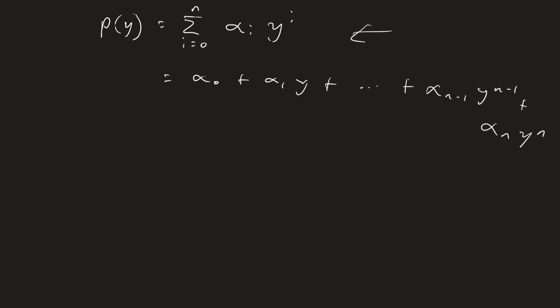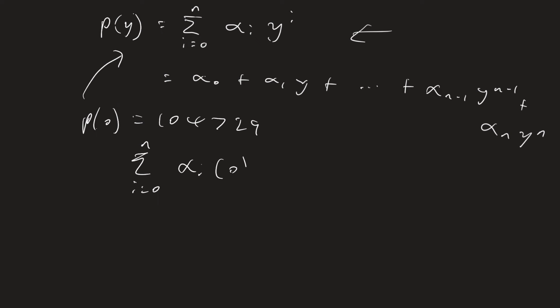We know that P of 0 equals 104,729. So when I substitute 0 into this, I get the sum of i equals 0 to n of alpha i times 0 to the power of i. And I know that 0 to the power of anything non-zero will give me 0, except for the case when i equals 0, because there I just have alpha 0 here.